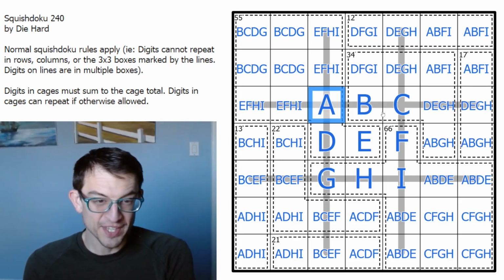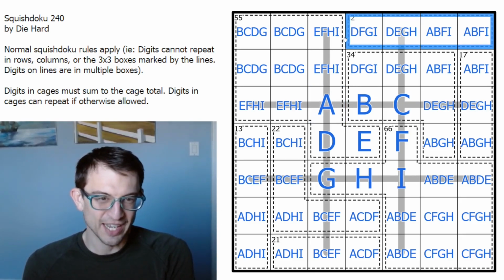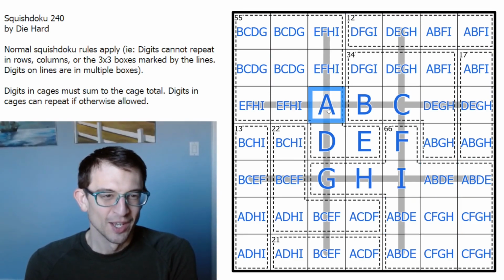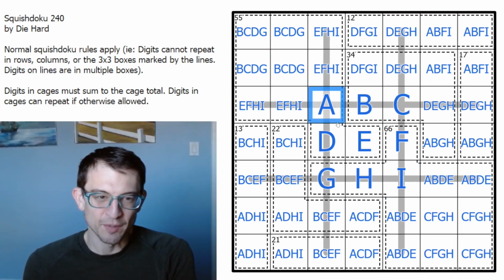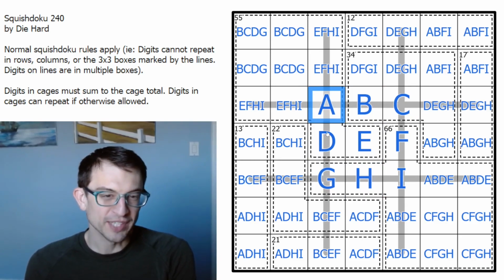Now, for the purposes of this puzzle, what's important is not just that I have these 4 things. I'm going to delete all this because it's not really important. What is going to matter is thinking about, for each of these positions, where are the places that can go in the rest of the puzzle? So if we think about where does A go?